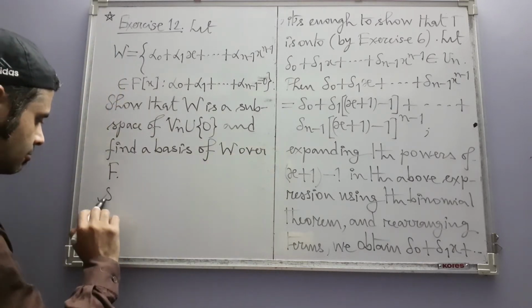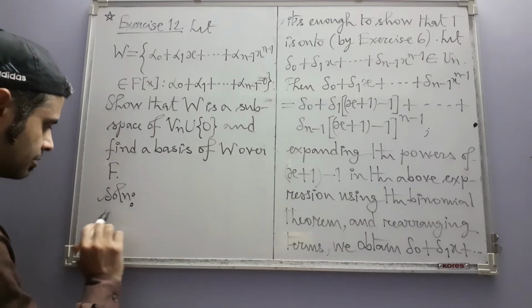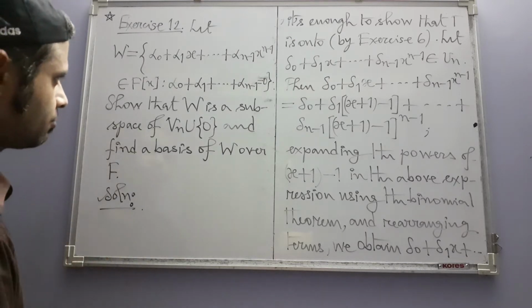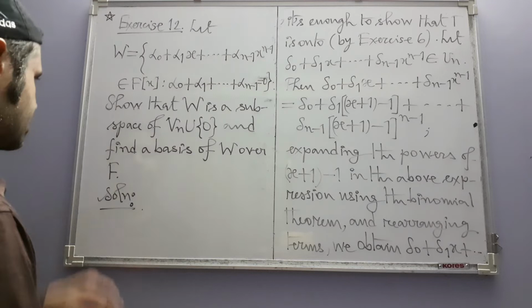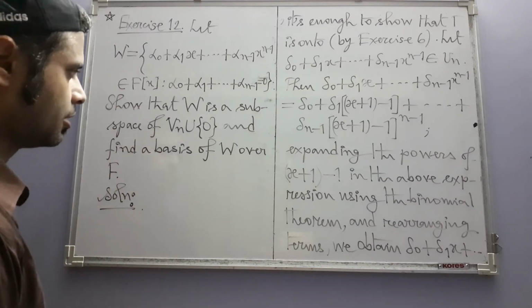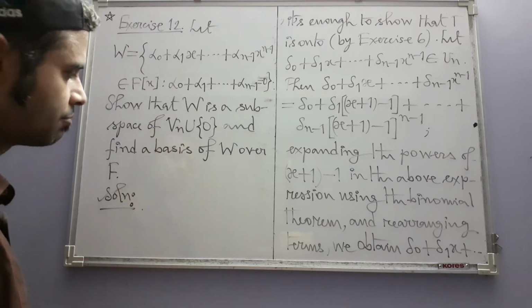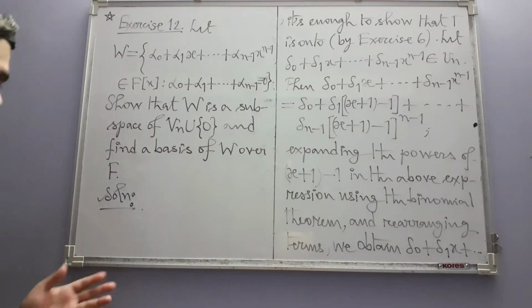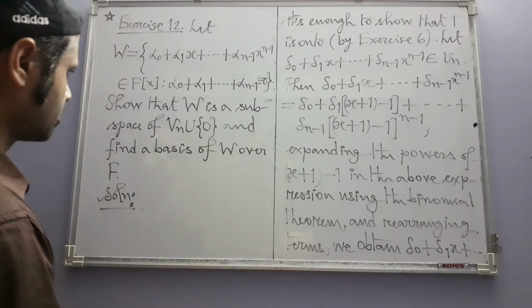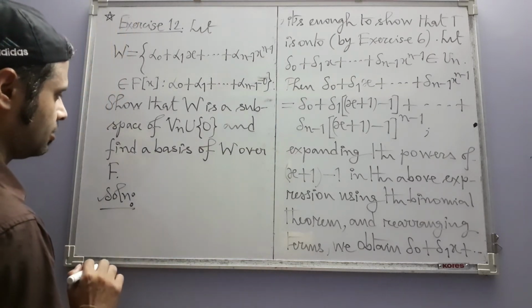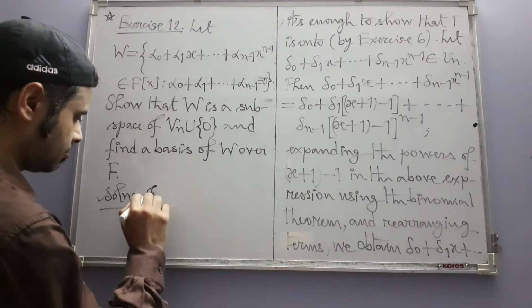Okay, so we have understood the situation. First of all, we need to show that W is a subspace of Vn union 0, this vector space, and that I am going to leave to you, because it's also quite straightforward.